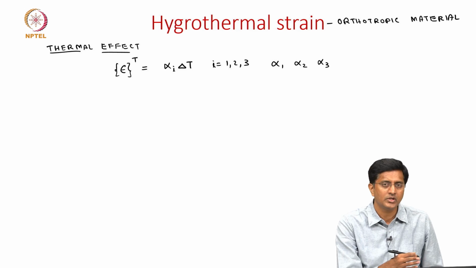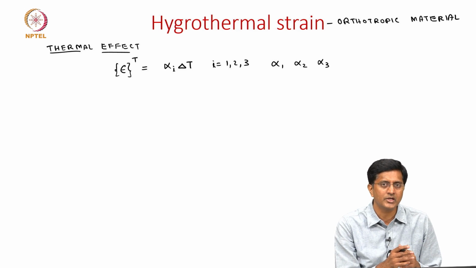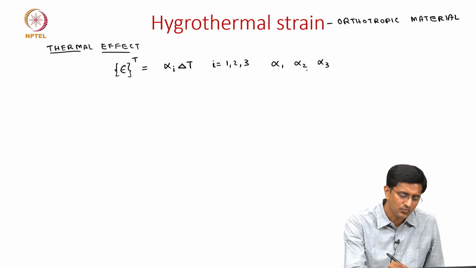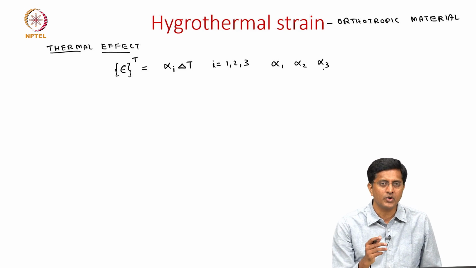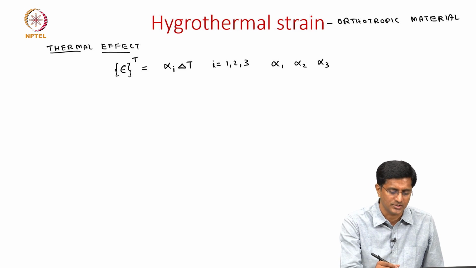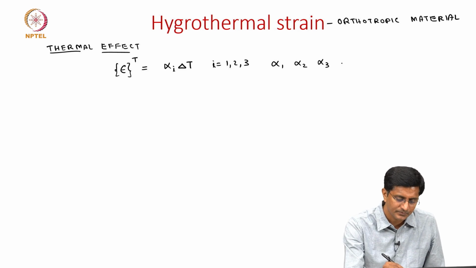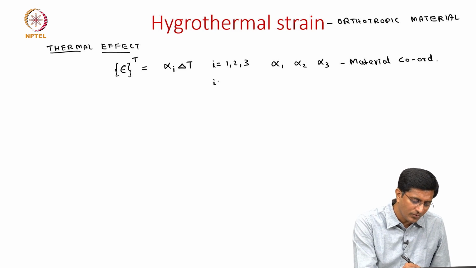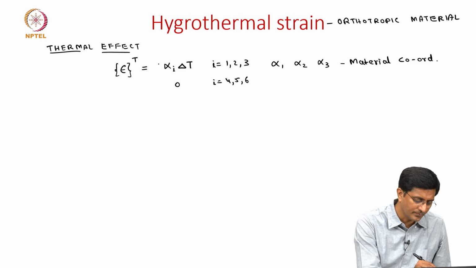And mind you, we are currently looking at specially orthotropic materials, meaning these directions 1, 2 and 3 correspond to the principal directions or the material coordinate system. Okay. And for i going from 4 to 6, this value is 0.